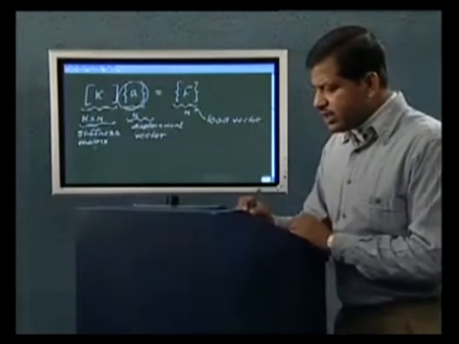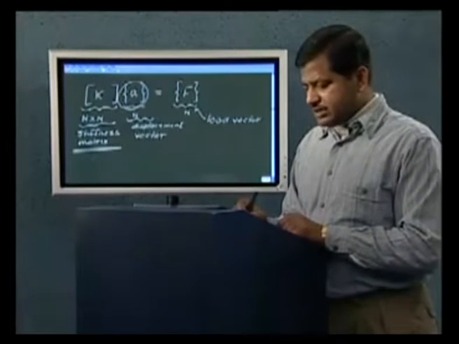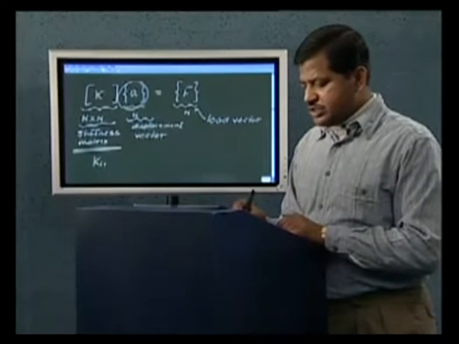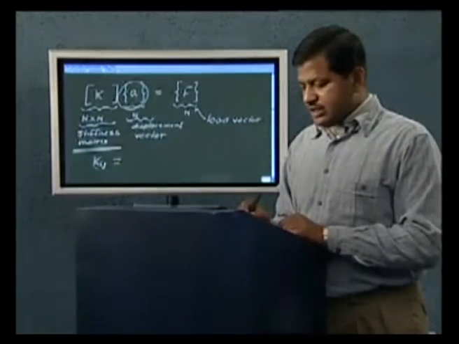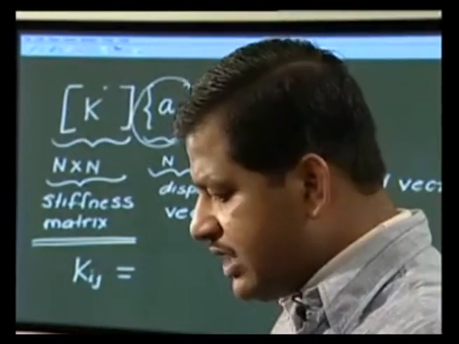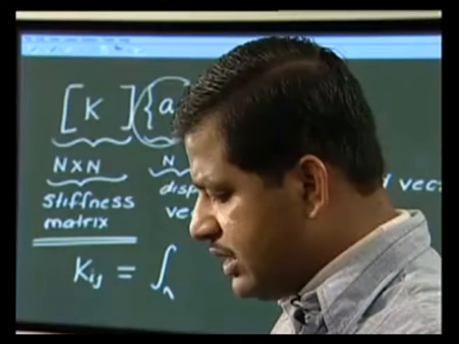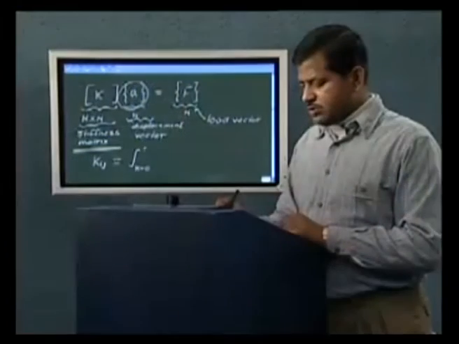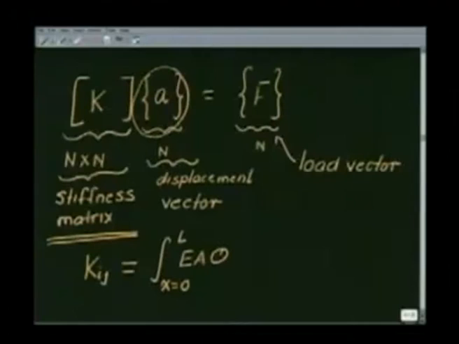Okay. Now let us look at this matrix. What are the entries of this matrix? So Kij, if I look at the elements of this matrix, that is the element sitting in the ith row and in the jth column, will be equal to integral x equal to 0 to L Ea phi j comma x phi i comma x dx.